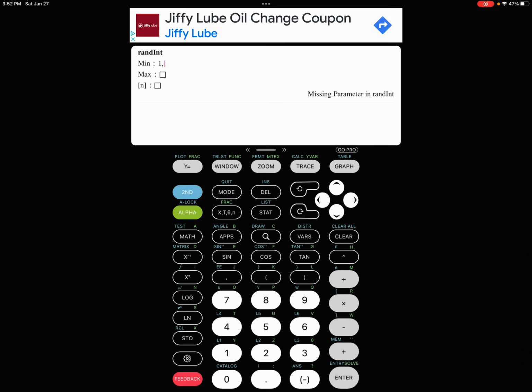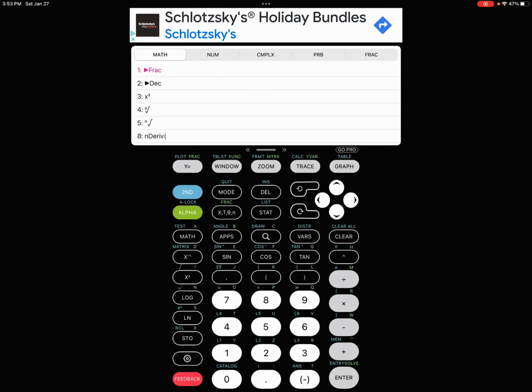Let me see what happens if I put a comma, 731, comma, 8, and now hit enter. No, didn't like that either because I got a syntax error. Well, if you're able to do this on your calculator, then we should be in good shape.